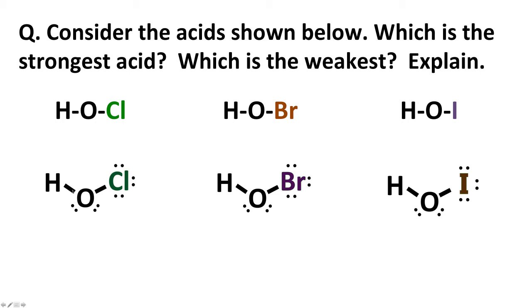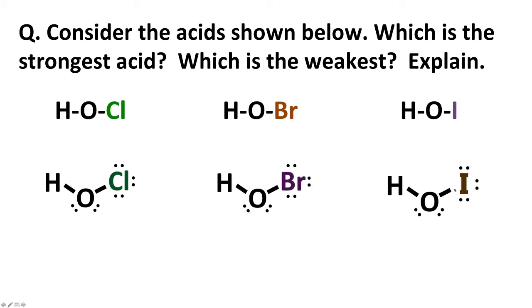Now, as we saw previously, if the electron density between two atoms is not as much, then that bond can break more easily, the substance can dissociate more easily, and so we should be looking at the relative strength of these bonds, or how much electron density we have.